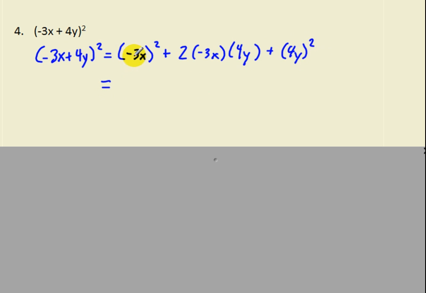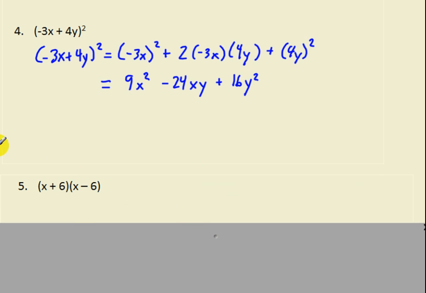So we get negative 3 times negative 3 is 9. X is squared, so positive 9x squared. Now we have 2 times negative 3 is negative 6, times 4 is negative 24, and then for the variables we have x times y, so minus 24xy plus, remember we have to square the 4 to get 16, and then square the y.